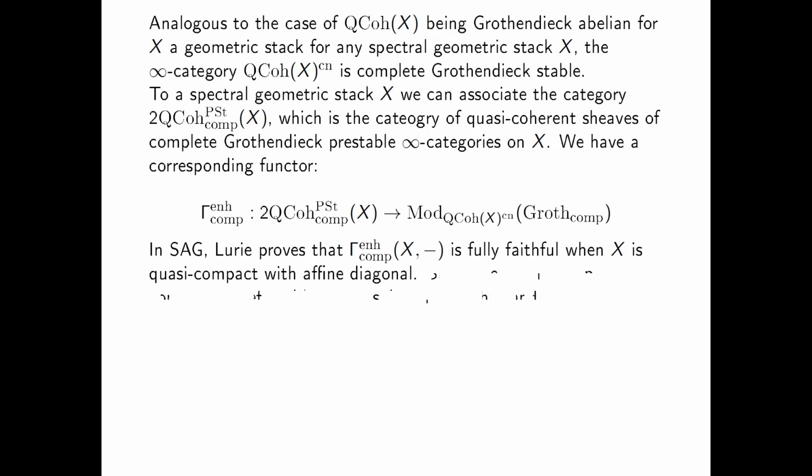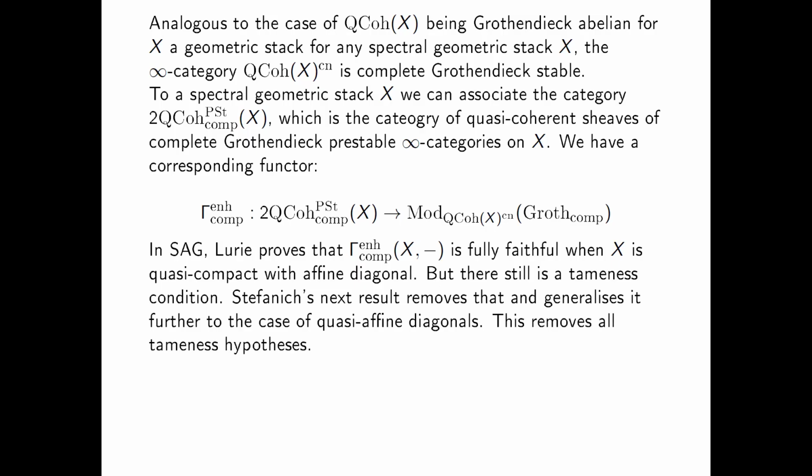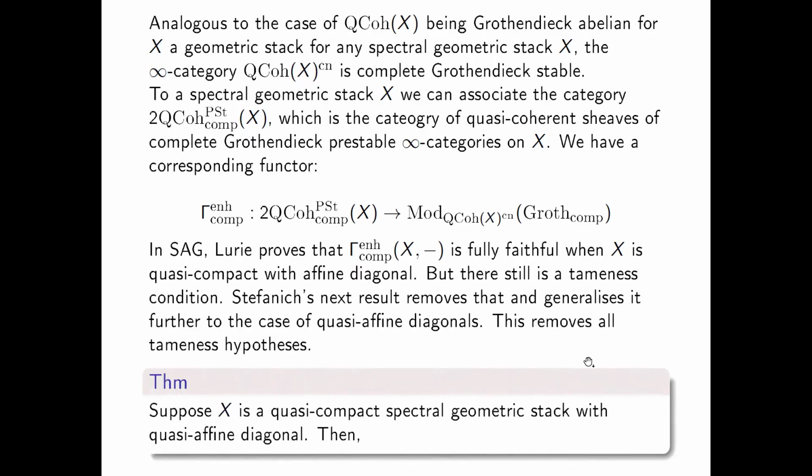Stefanich, on the other hand, proves that there's a tameness hypothesis and his next result basically proves that you can also remove this. So this generalizes it further to the case of quasi-affine diagonals. So this removes all the tameness hypotheses. So you start off with a quasi-compact spectral geometric stack X with a quasi-affine diagonal.